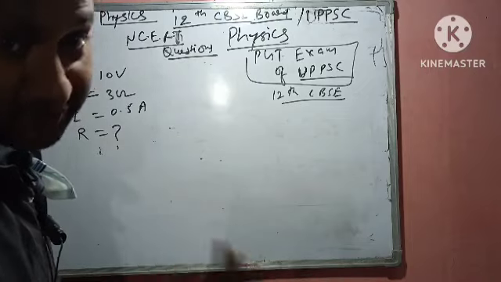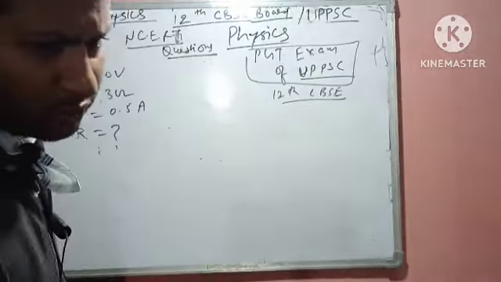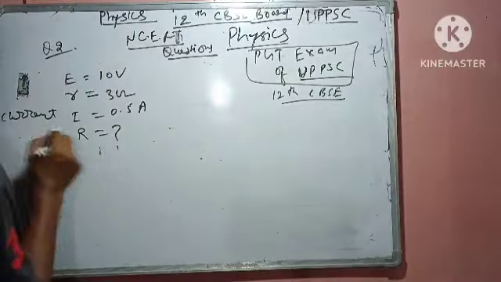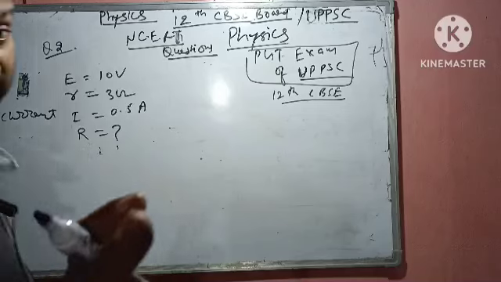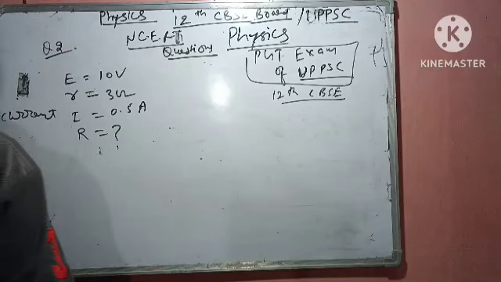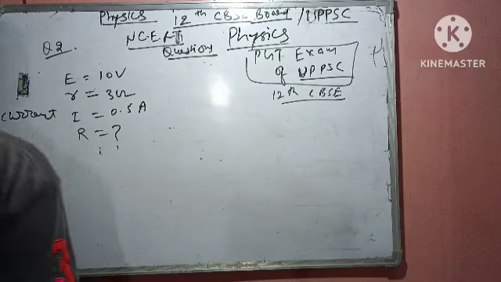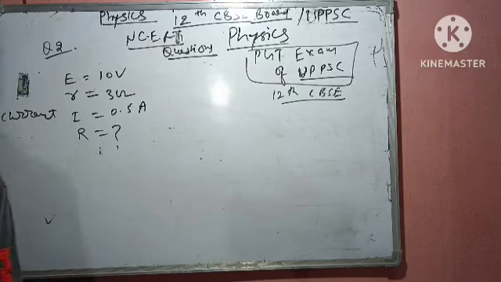Capital R, that is the external resistance. We have to find the value of R. And what is the terminal voltage of the battery when the circuit is closed?